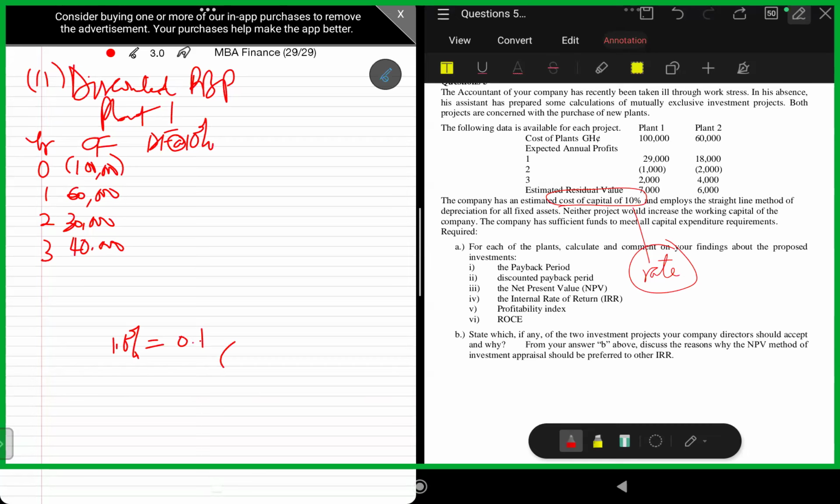And the discount factor is 1 plus r exponent negative n. This is the discount factor I'm going to use. This discount factor will help reduce that 60,000 cash flow, that 30,000 cash flow, that 40,000 cash flow to the present. So the cash flows are like future values because the business is yet to earn them.